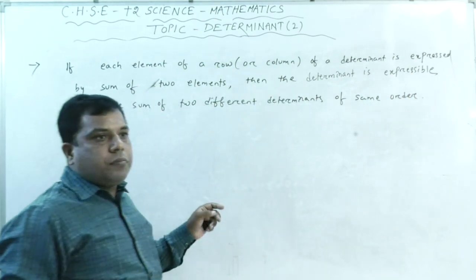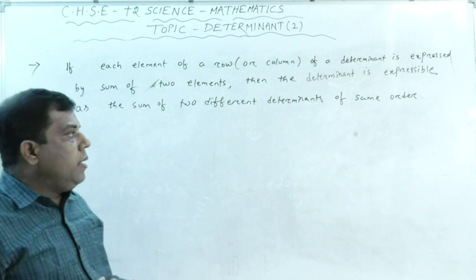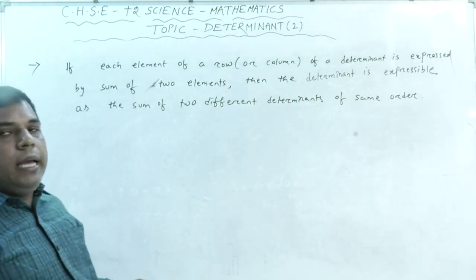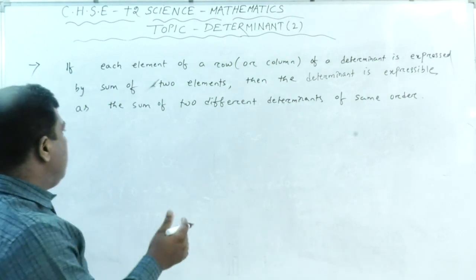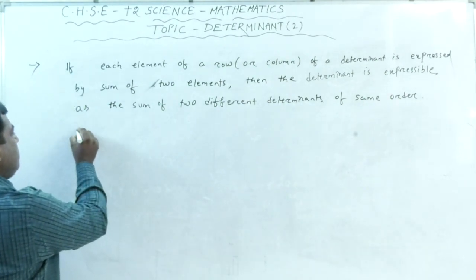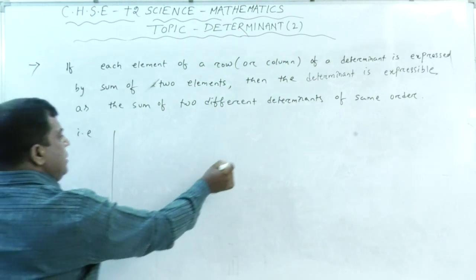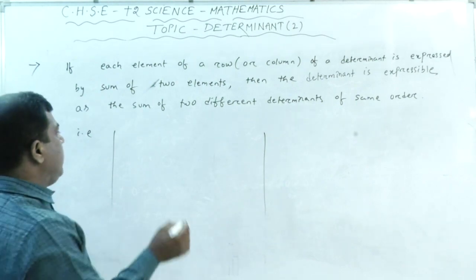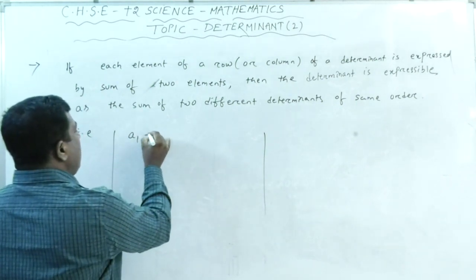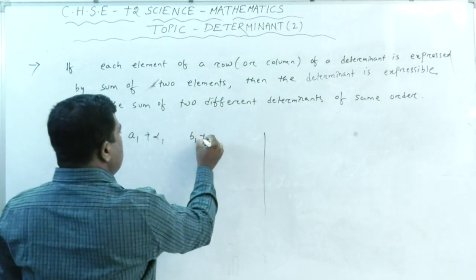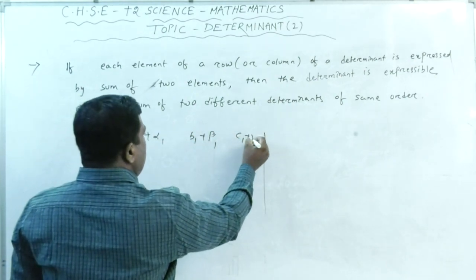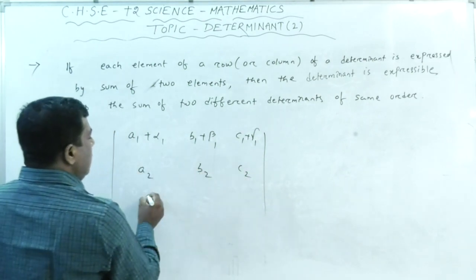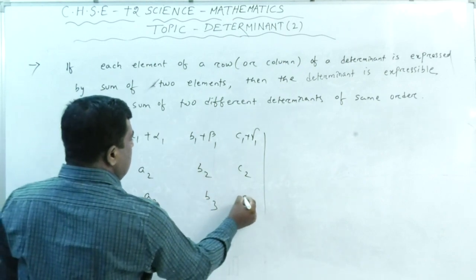Okay, dear students, let us try to understand this property with the help of one example. The property says that if a determinant is expressed by the sum of two different determinants. Suppose it is a1 plus alpha 1, b1 plus beta 1, and c1 plus gamma 1, and then a2, b2, c2, a3, b3, c3.